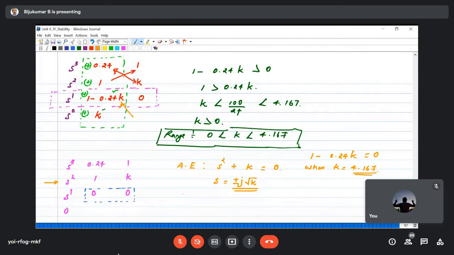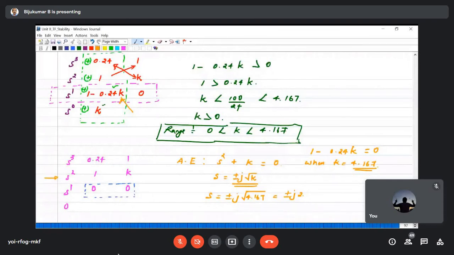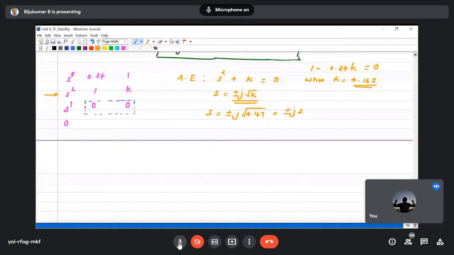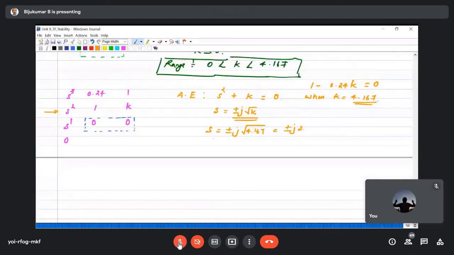Now you substitute this K here, you will get s equal to plus or minus j root 4.167. If you take the root, it becomes plus or minus j 2.041.